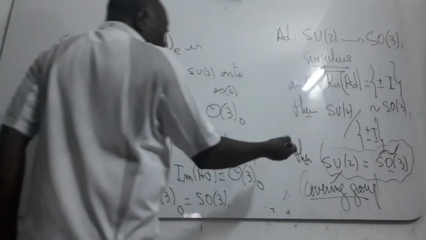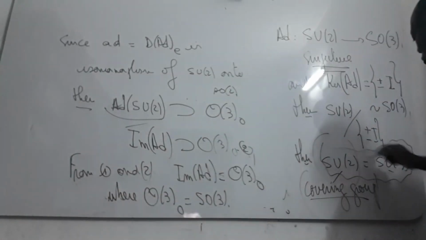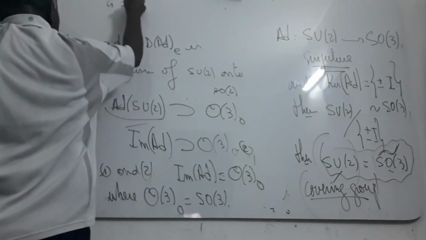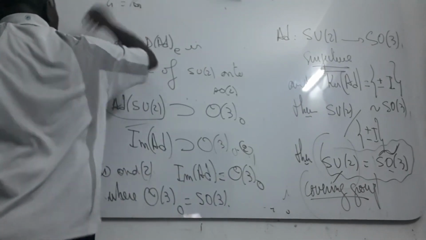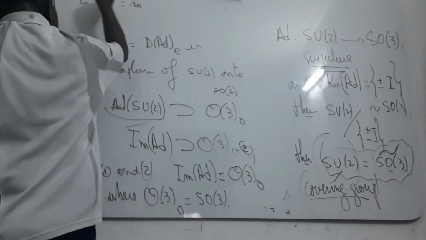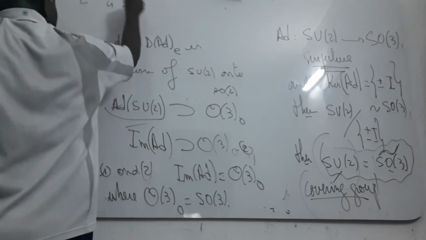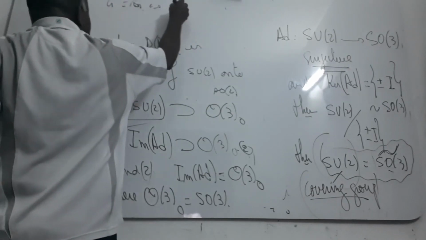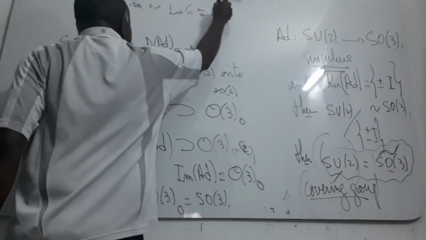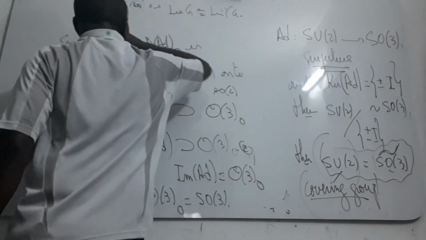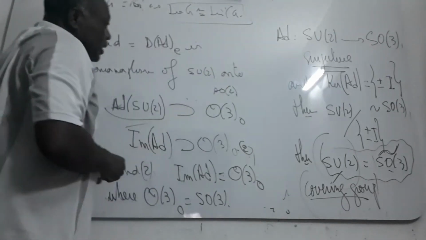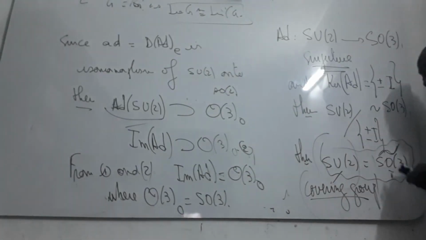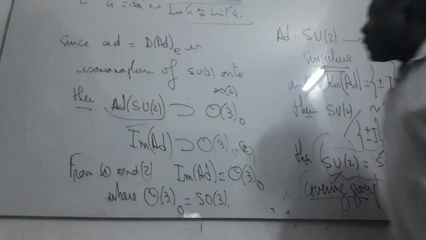So you can deduce that if G and G prime are covering groups, then they have the same Lie algebra. Then the Lie algebra of G equals the Lie algebra of G prime. Because this is a simple algebra, the Lie algebra of SU2 will be equal to the algebra of G. Just a remark. Okay, thanks.